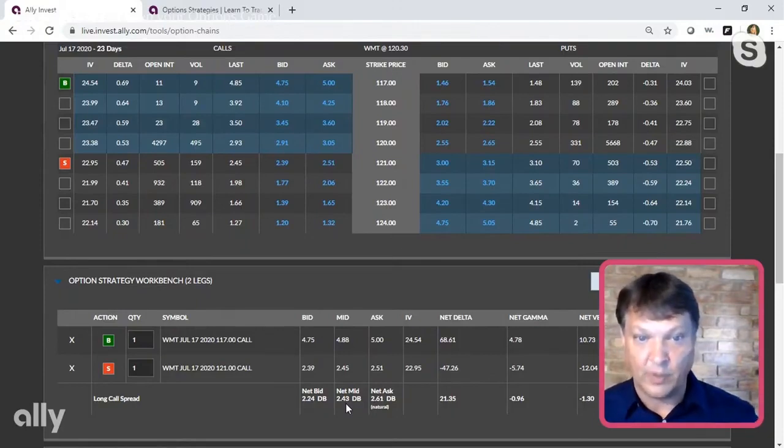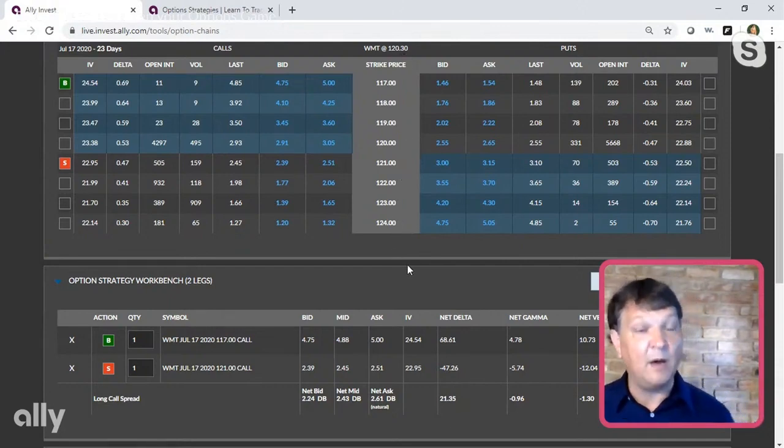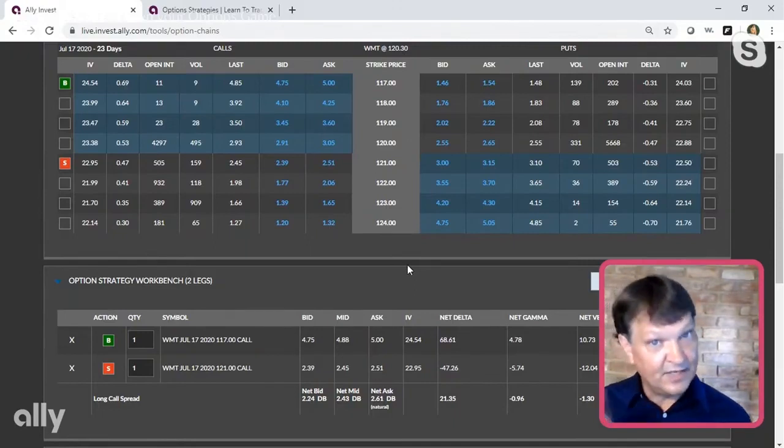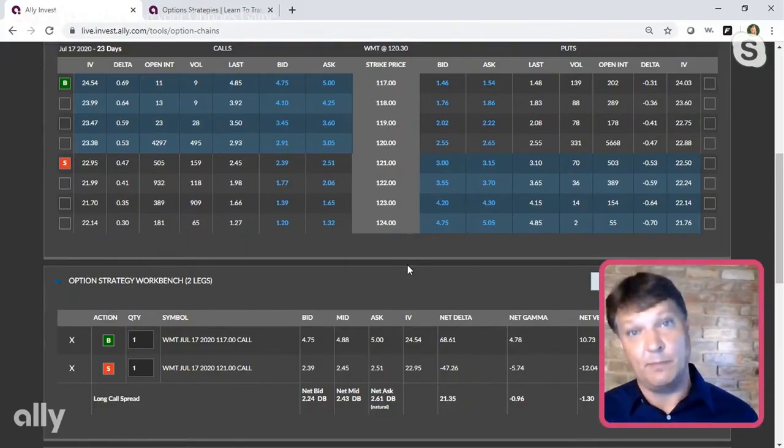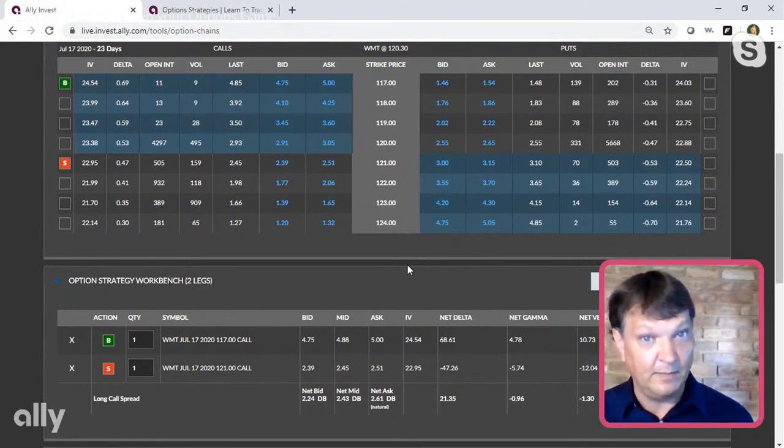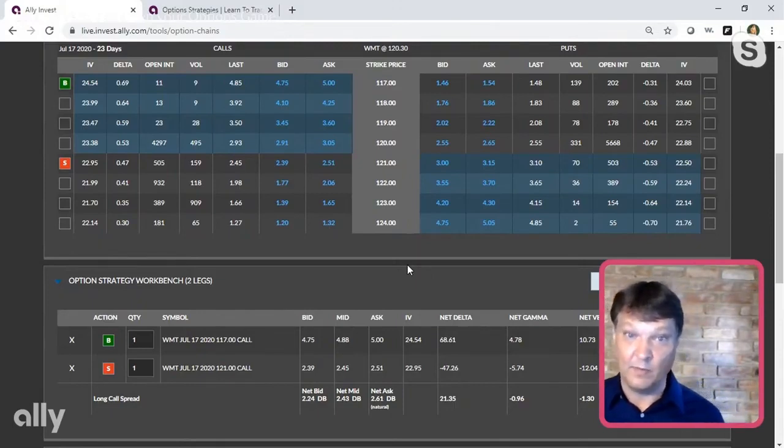The market is at 120.30. So now by going down 1 point from our original strike, still keeping the 4 point wide spread, we don't mind if the stock just stays where it's at or if it goes up in price because we are selling more time premium than we're buying. All right, how fun was that?